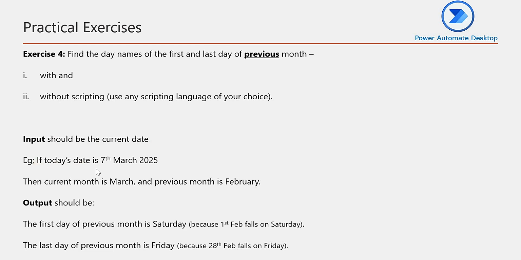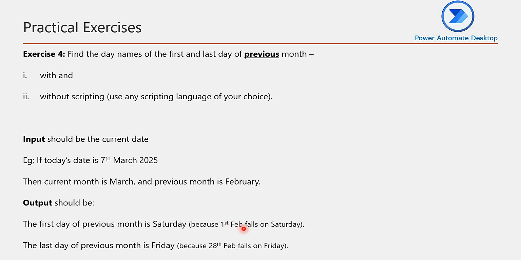So let's say if today is the 7th of March 2025, then the current month is March, obviously, and the previous month is February. Remember, you need to get the first and last day names of the previous month. So if 7th March 2025 is the input, the output should be: the first day of previous month is Saturday. We need the day names, we don't need the dates.